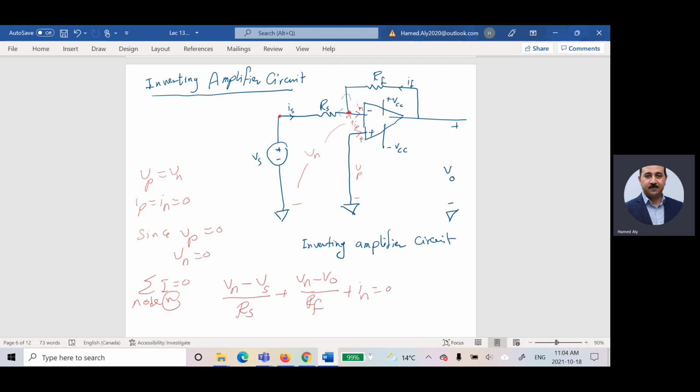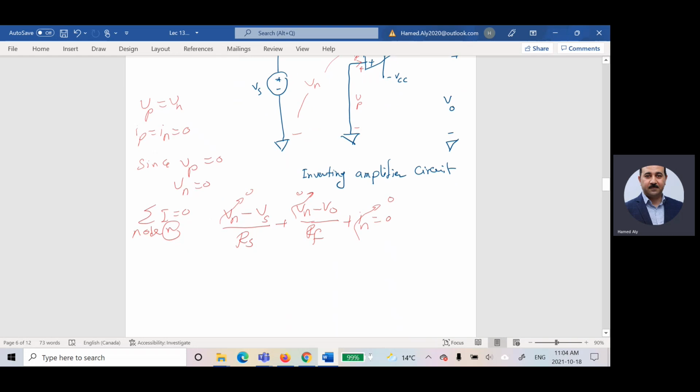You told me at the beginning that VN is equal to VP and VP is equal to 0, so I can say VN is equal to 0 as well for that problem. Then I know also IN is equal to 0. Based on that, I can find a relation between VO and VS, and I can rearrange my equation.